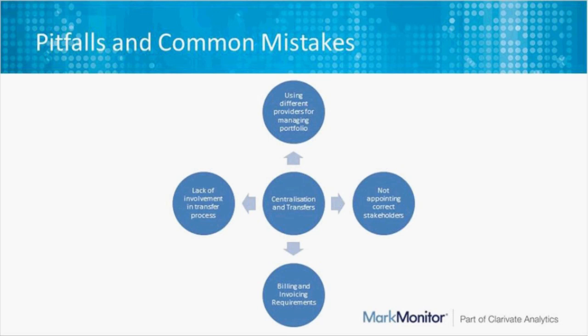So another thing that we tend to see with regards to centralisation or big transfer projects is not appointing the correct stakeholders. Now what this means is, if we have a big transfer project, you've got 300 domains, you've just acquired a new business, everyone's excited, it's good times for everyone, and you need to migrate 300 domains into your portfolio, we will need various stakeholders that can assist with this from your business, from your side.